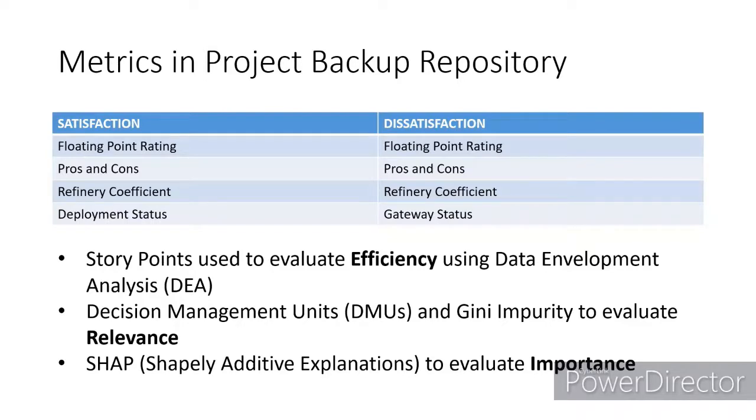The metrics consist of efficiency obtained from a DEA model, or data envelopment analysis model. Metrics such as relevance are obtained from decision management units as well as the Gini impurity. The importance is measured from SHAP, or Shapley additive explanations.